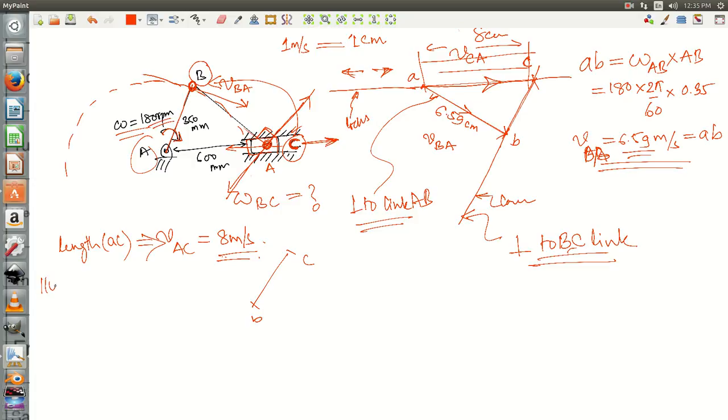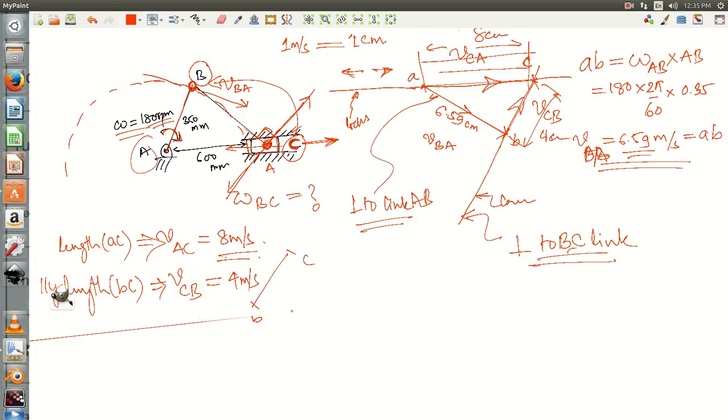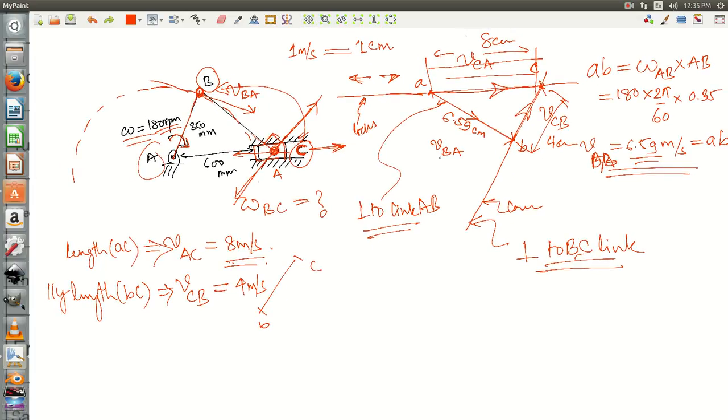Similarly, the length BC represents the velocity of C with respect to B. Say that this is some 4 centimeters, hence 4 meters per second. In this way we can calculate the velocities of different points and draw the velocity diagram.